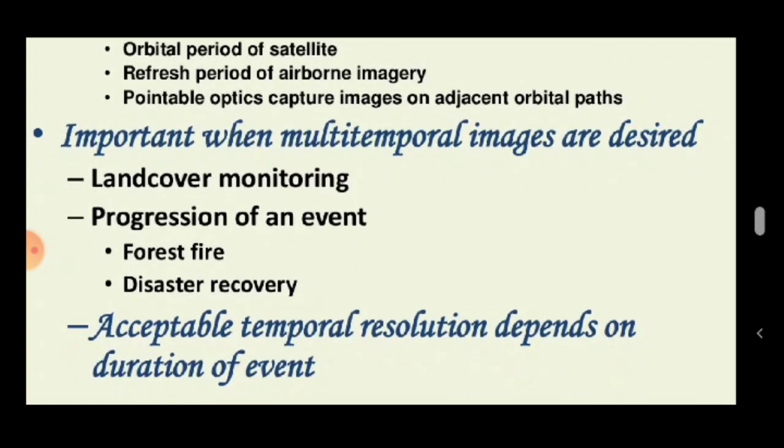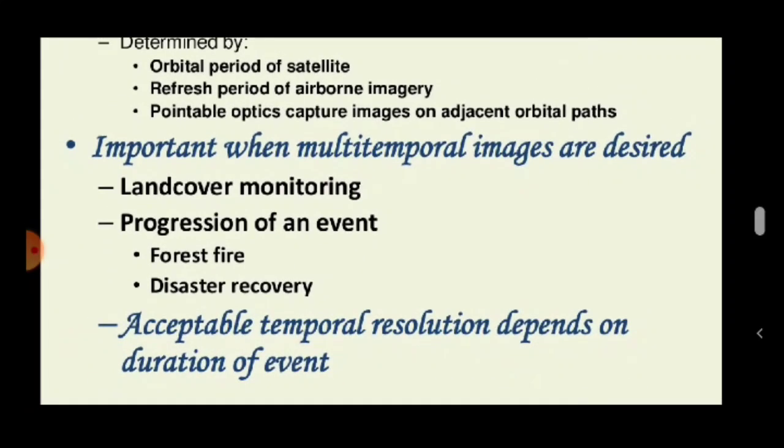When it comes to geosynchronous satellites, it's okay, you can decide the temporal resolution, because you don't have to worry about orbit. But when it comes to polar orbiting or sun synchronous satellite sensors, the repeatability depends on the orbit.